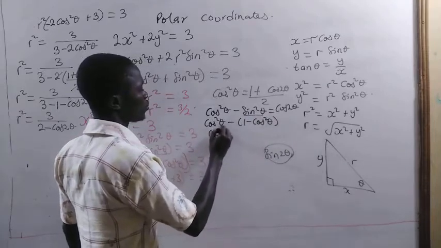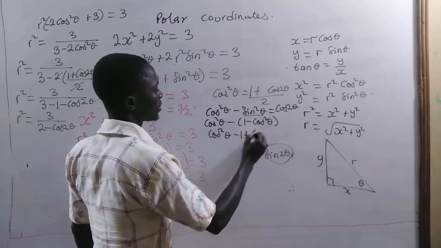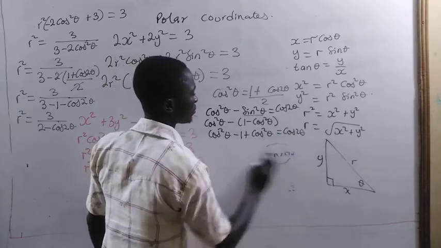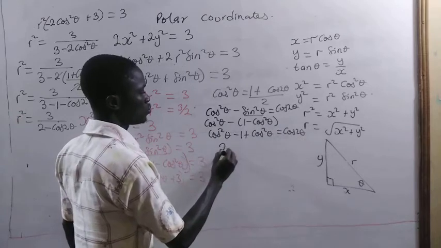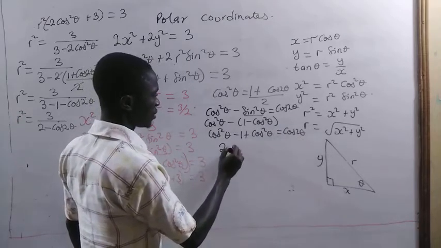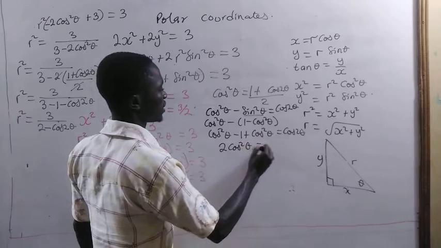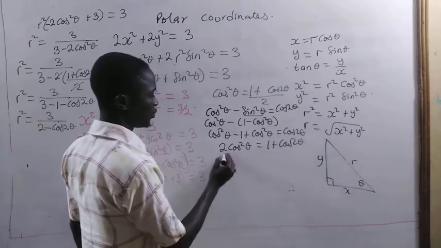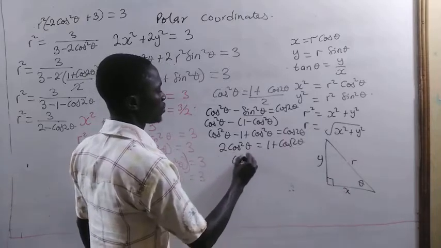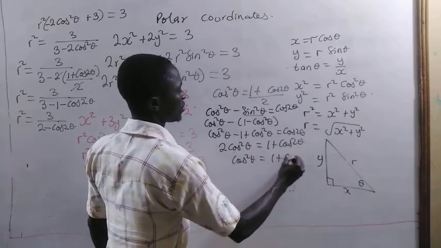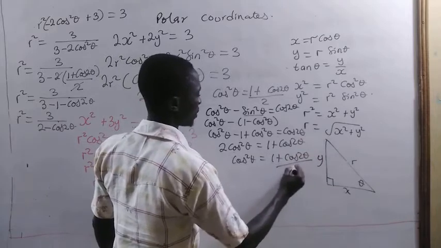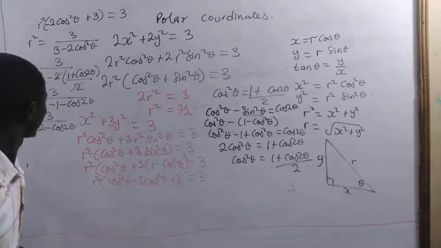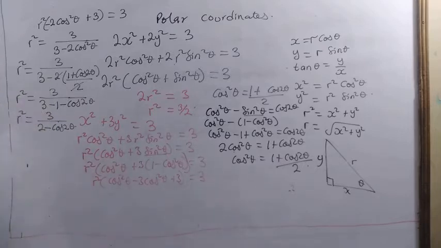This will give us cosine square theta minus 1 plus cosine square theta equal to cosine of 2 theta. This will give us 2 cosine square theta equal to 1 plus cosine of 2 theta. If we divide by 2 on both sides, we have cosine square theta equal to 1 plus cosine of 2 theta divided by 2. So that is the substitution that we did here. And here this will be the answer, right?